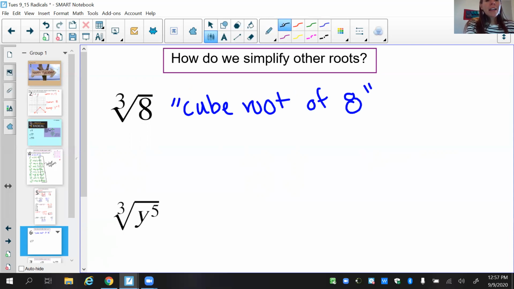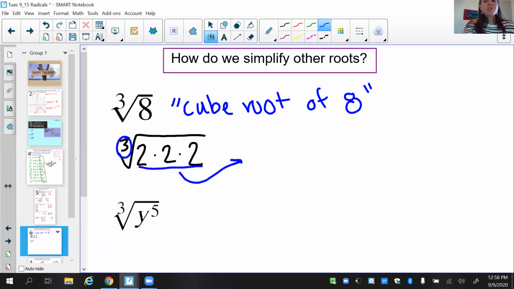Well, we could think about it in the same way. We have one number that can be multiplied 3 times to get 8. It's 2. 2 times 2 times 2. I have a grouping of 3. And now we're looking at 3. So 1, 2 comes out, and I'm done.